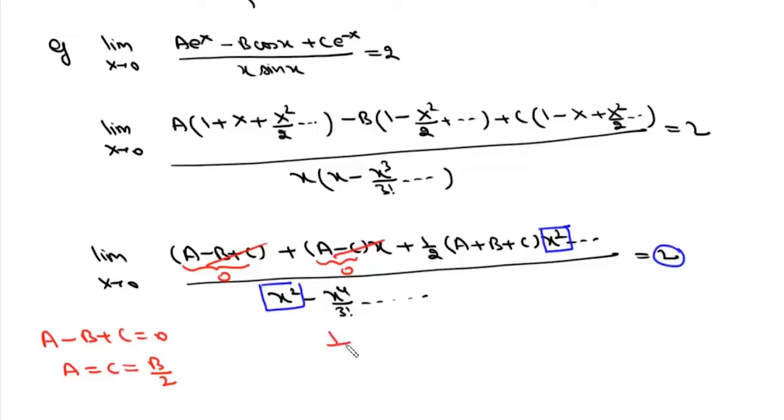So it will be 1 by 2 a plus b plus c, it is equal to 2. Now a plus c is 2a, so this is a plus b by 2. So basically value of a and c is 1, and value of b is 2. So this is how we use expansion formulae to solve and simplify limits.